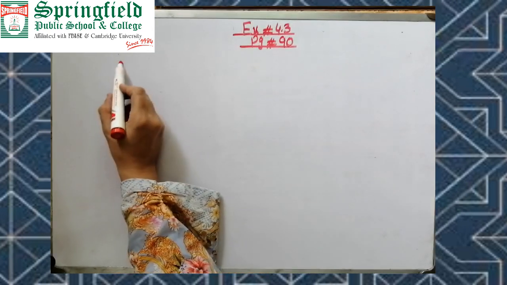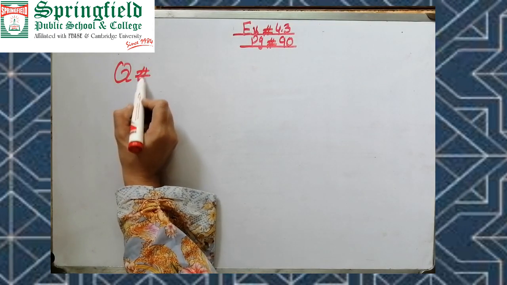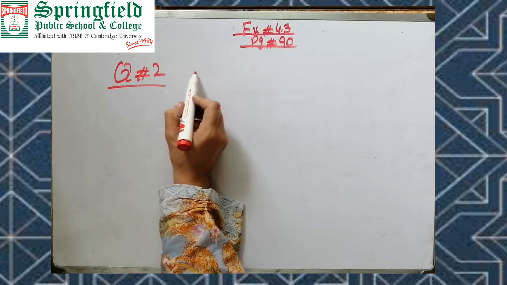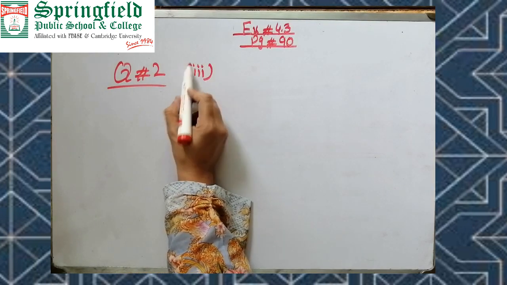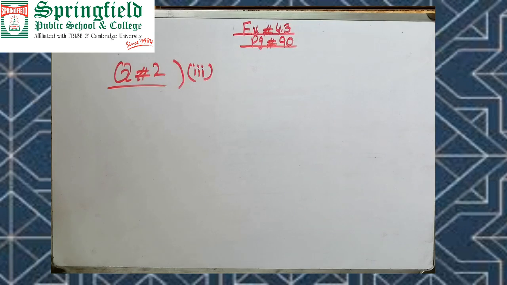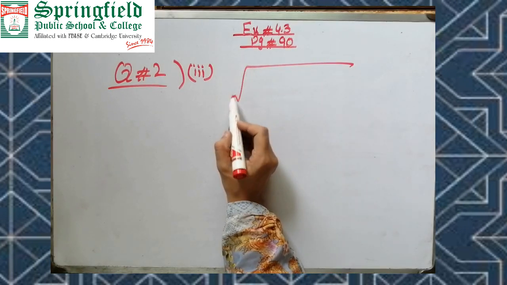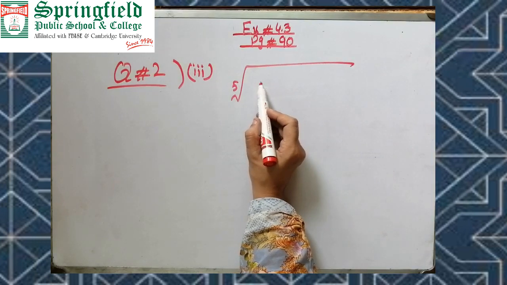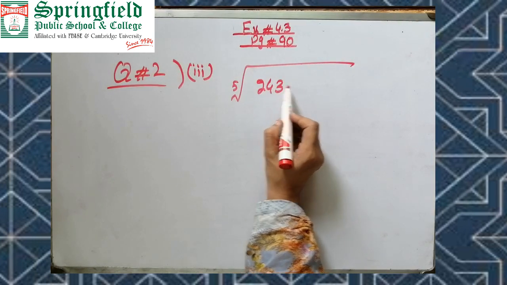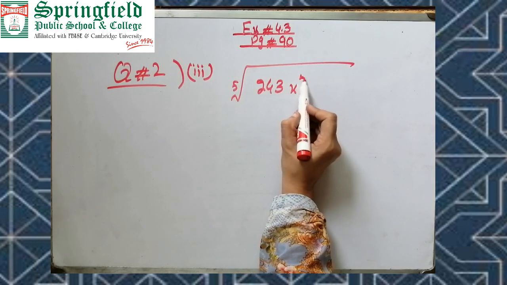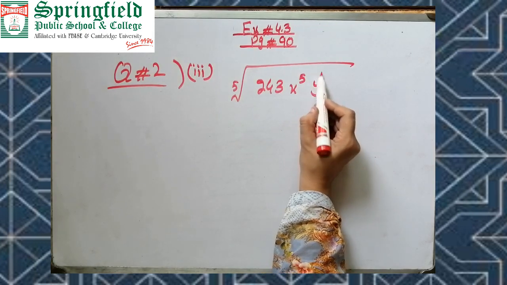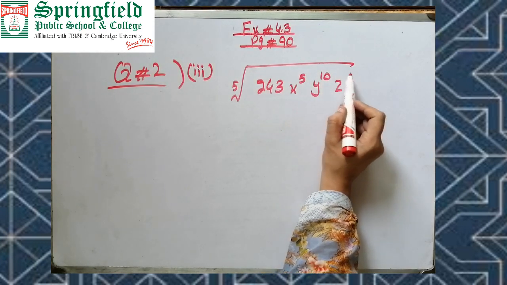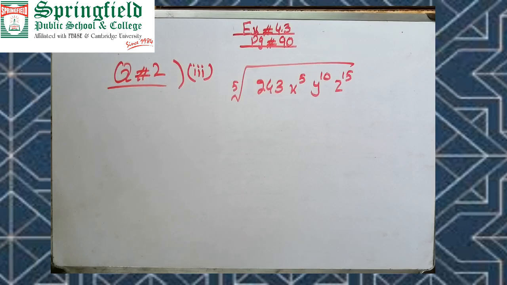We are doing question 2, part 3. And part 3 is the fifth root of 243 x power 5 y power 10 and z power 15.